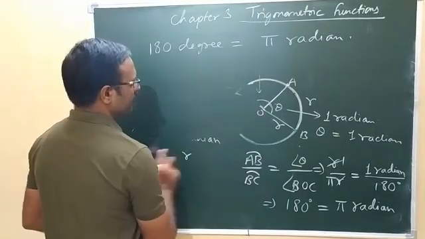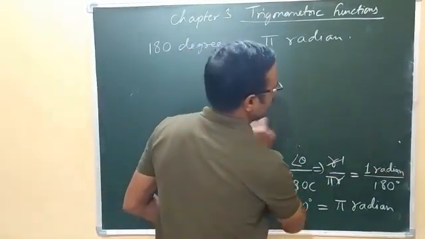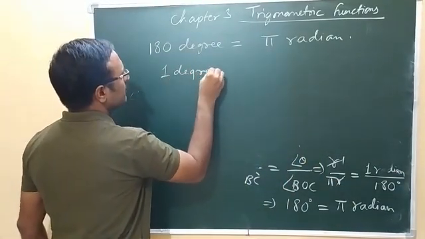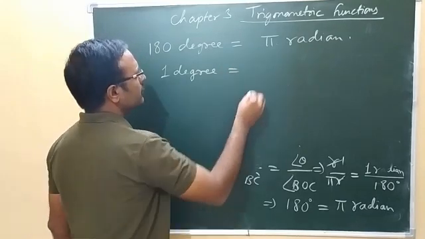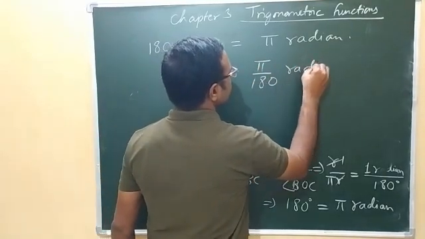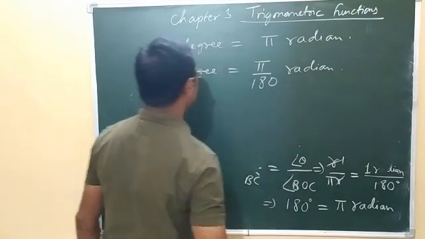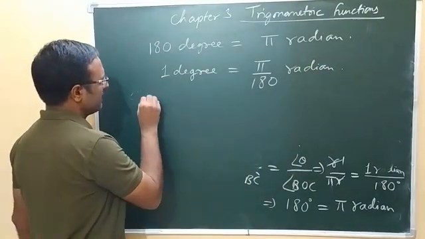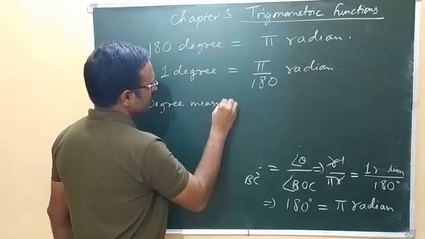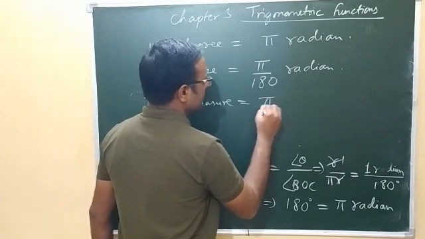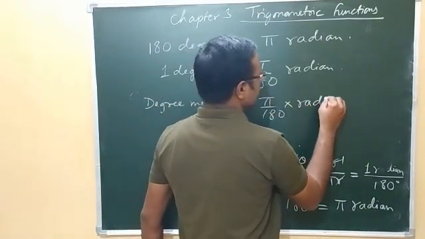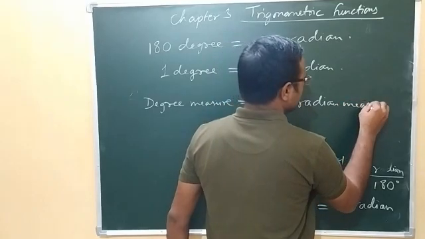We can make the relationship further as 1 degree equals pi upon 180 radian, or we can write degree measure equals pi by 180 into radian measure.